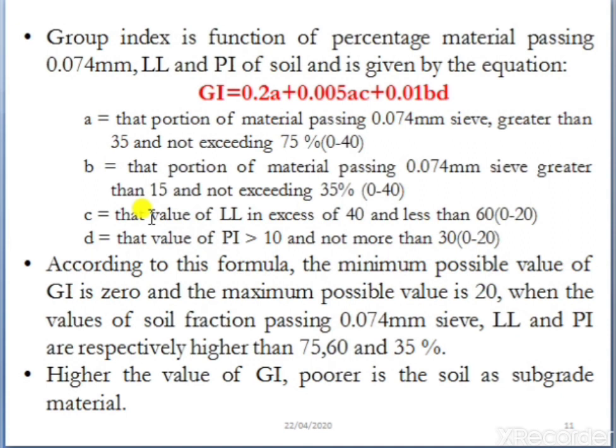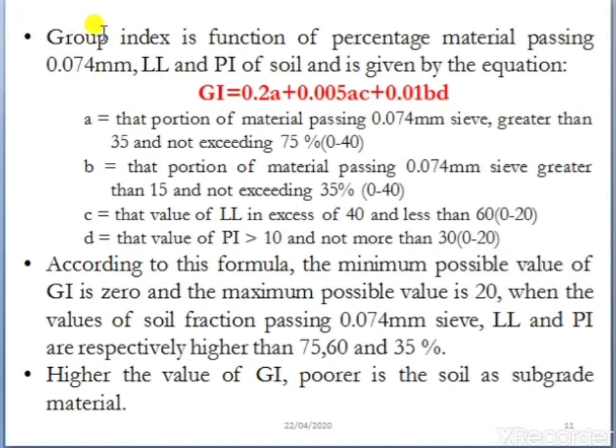Group index is a function of the percentage of material passing through the 0.074 mm sieve, liquid limit and plasticity index of a soil, and is given by the equation GI = 0.2a + 0.005ac + 0.01bd. So what is group index?